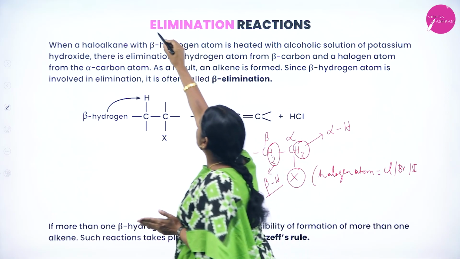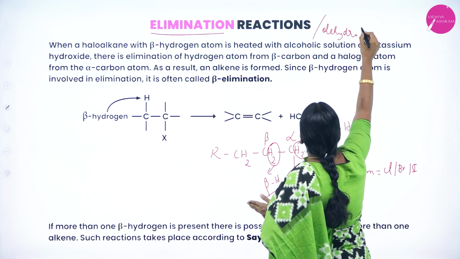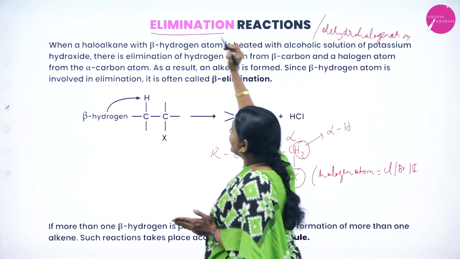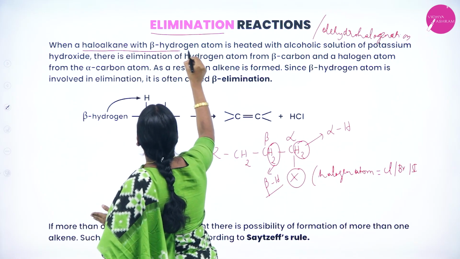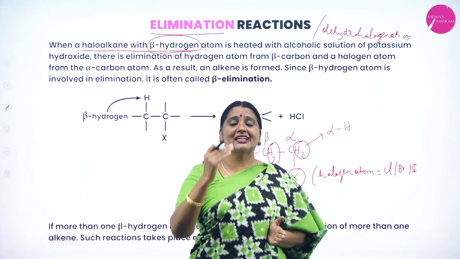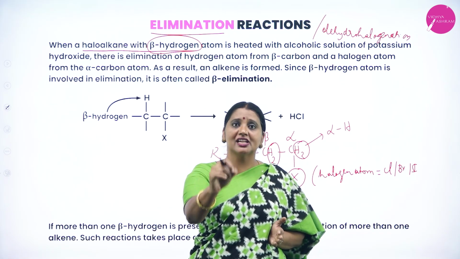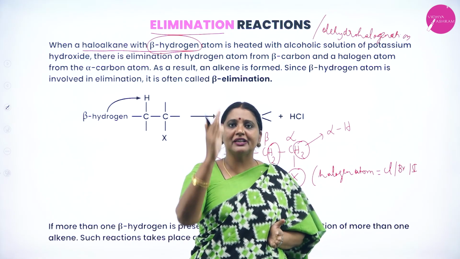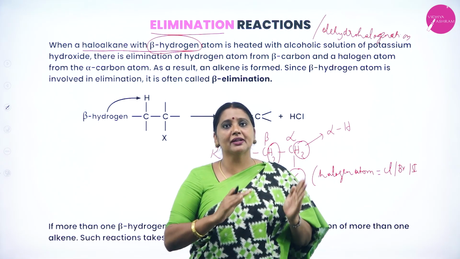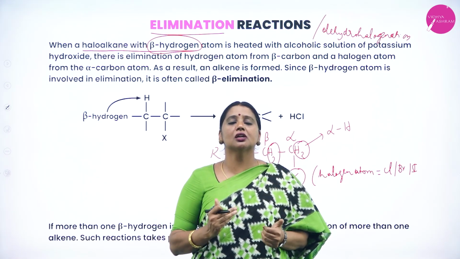For elimination or dehydrohalogenation, you have to consider a haloalkane with beta hydrogen. What is the condition for an alkyl halide to undergo dehydrohalogenation? The haloalkane must contain beta hydrogen. Beta hydrogen is the hydrogen attached to the beta carbon, which is next to the alpha carbon, the carbon to which the functional group is attached.